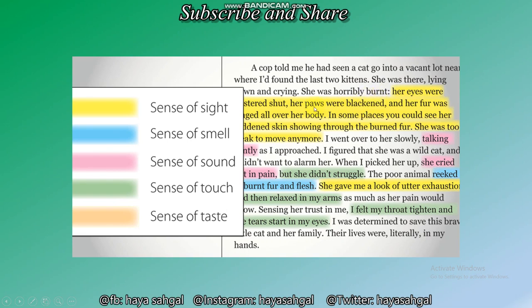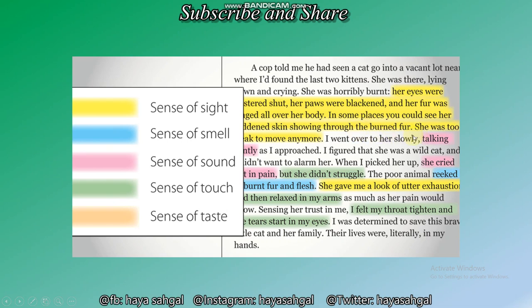Okay, talking about fur, they are also adding a descriptive word so the reader can better understand the condition of the fur. In some places you could see her skin. They are talking about the skin that is covered, that is really raw. That skin was raw skin. That is a type of skin. This word can better explain how the skin was showing through the burnt fur.